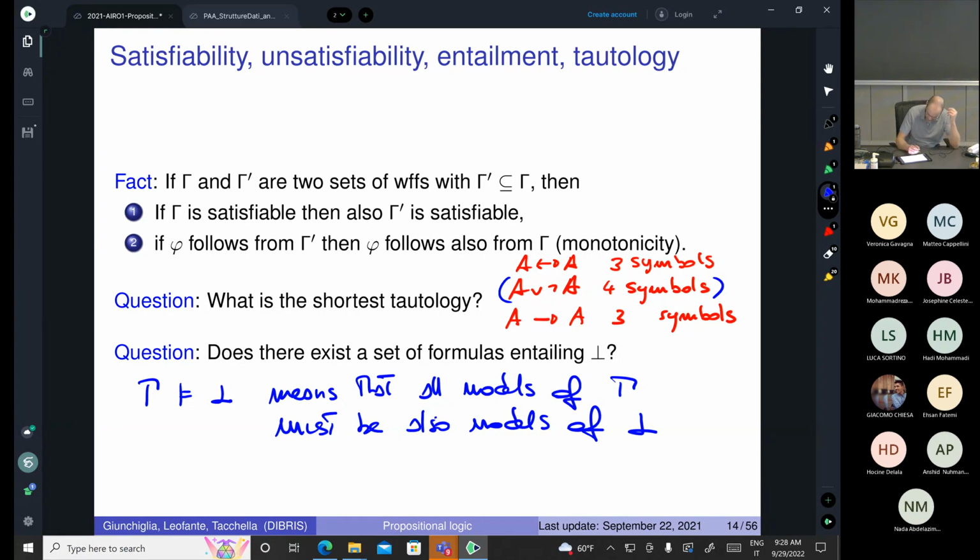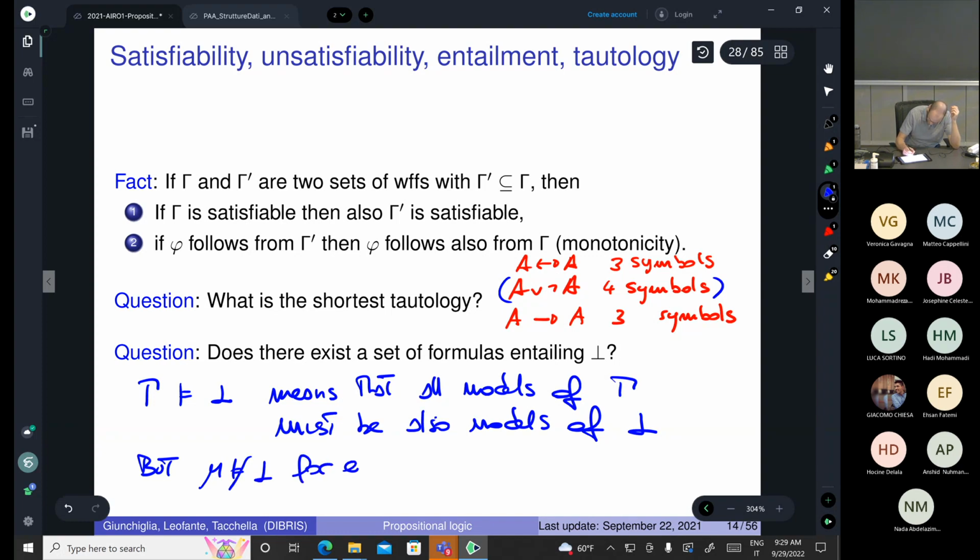So what kind of formulas should I put in my set gamma?